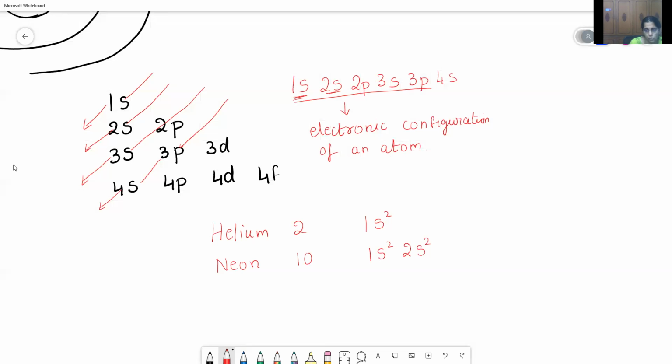So 2 plus 2 is 4, and 6 remain. I need to go to the next orbital, 2p, which can take a maximum of 6 electrons. Now 2 plus 2 plus 6 is 10. This is neon. This is how the electrons in an atom are filled.